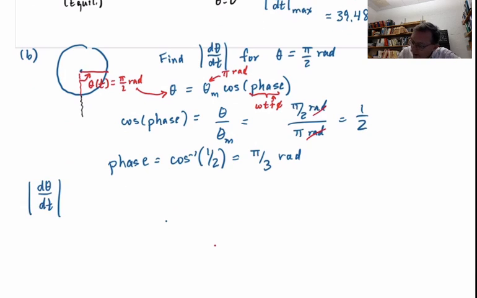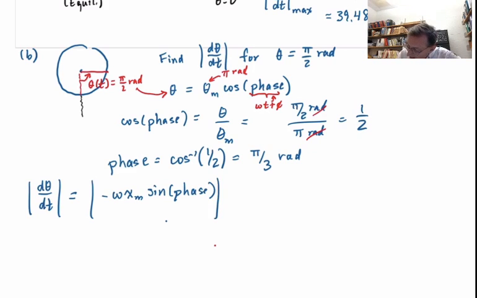That's the absolute value of negative omega theta max sine of the phase quantity. It's the same phase that was inside the cosine. So, take away the negative sign out front. The omega is 4 pi. The theta max is pi.